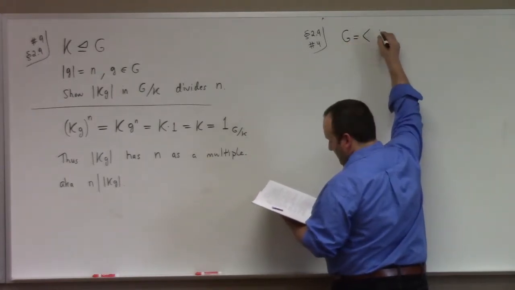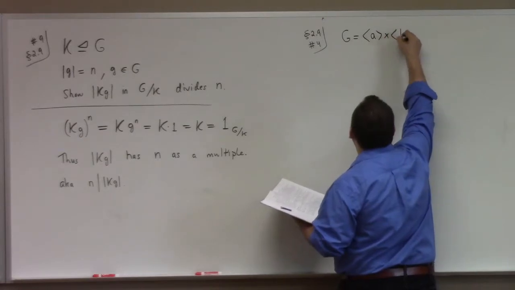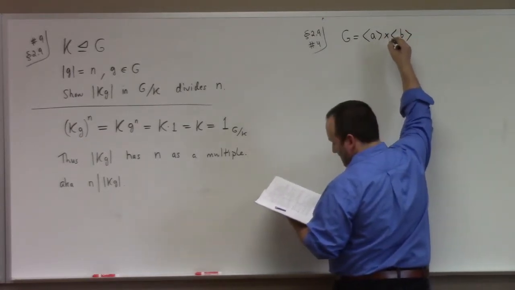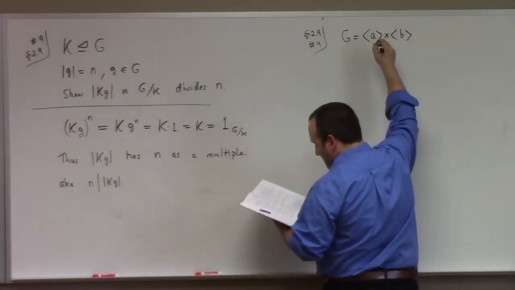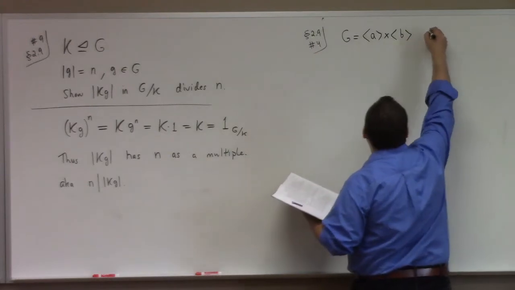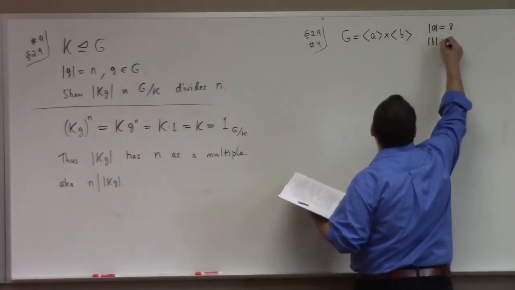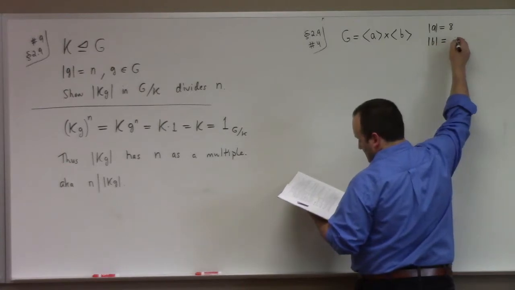You guys got to keep me honest here. I'm worried about my logic in this kind of problem at this kind of time. So G is formed from the direct product of these cyclic groups generated by A and B respectively, where the order of A is 8 and the order of B is 12.